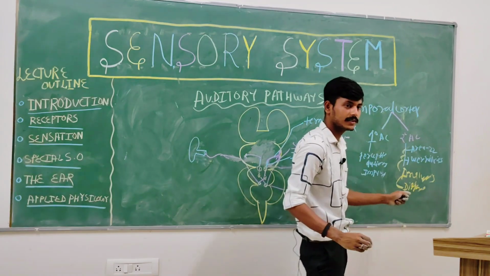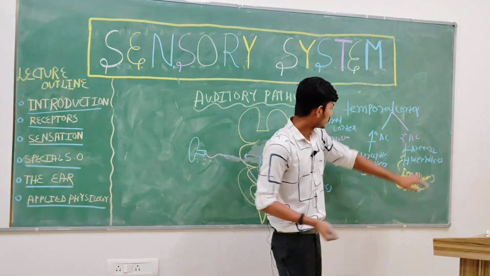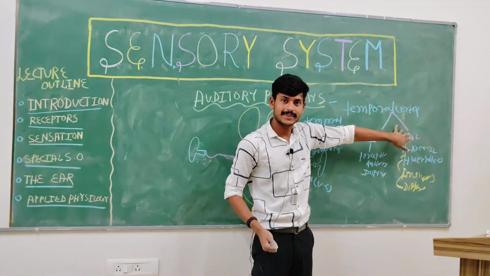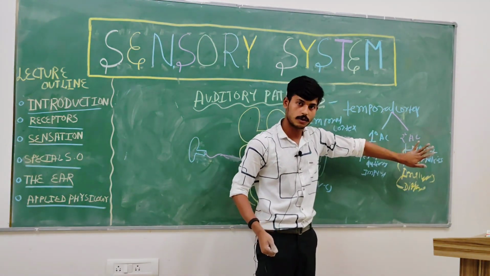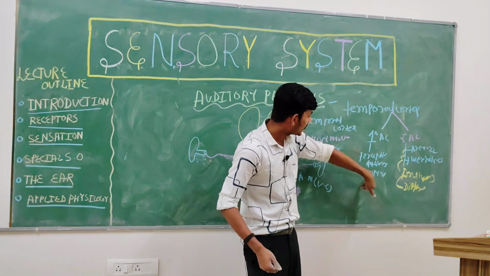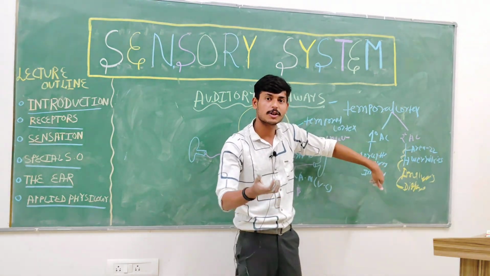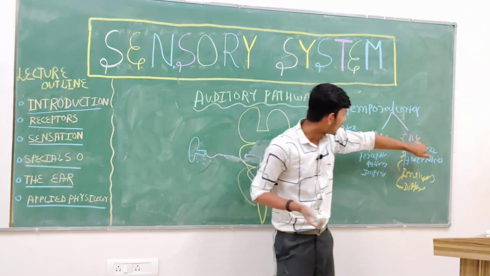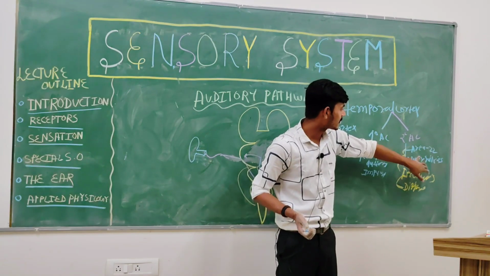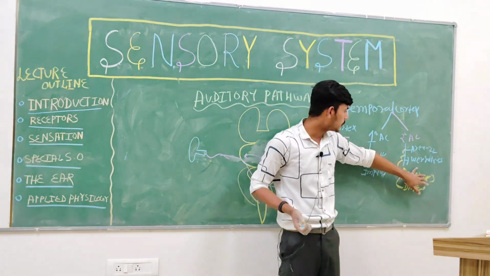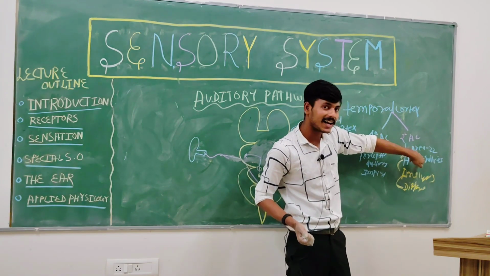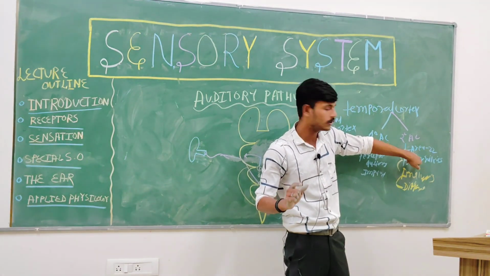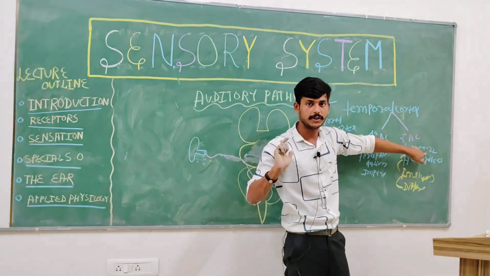So the temporal cortex is divisible into two areas, the primary auditory area and the secondary auditory area. The primary auditory area is mainly concerned with the perception of auditory impulse, whereas the secondary auditory area is divisible into two parts, area 22 and Wernicke's area. Wernicke's area analyzes and differentiates the sound with the help of area 22.